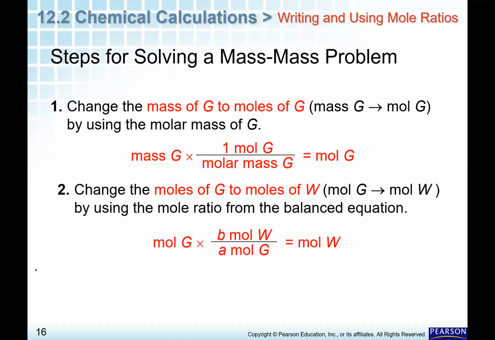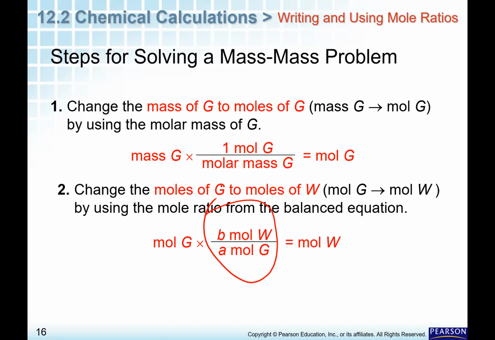So the second step will be changing the moles of G into moles of W, and that is by using this conversion factor, and that is coming from where? From the chemical equation.